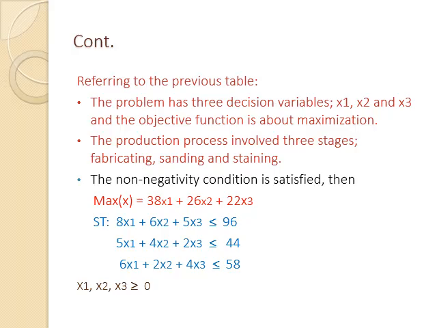That means the LP problem should contain three constraints. One constraint for fabricating, the other for sanding, and the last for staining. The non-negativity condition is satisfied.